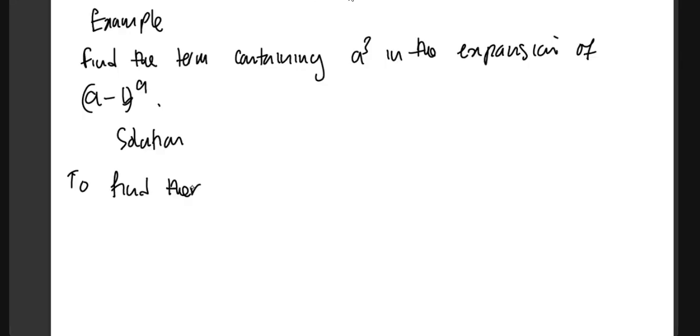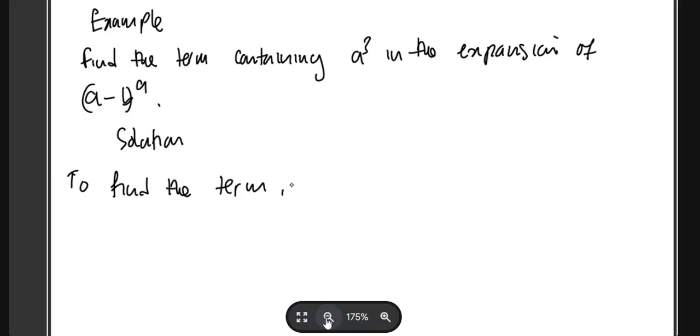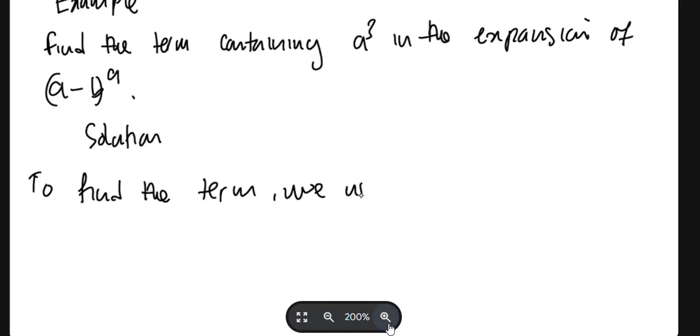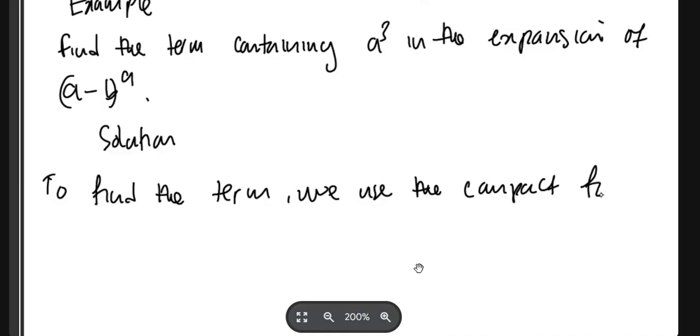Of a binomial, the term, we use the compact form.